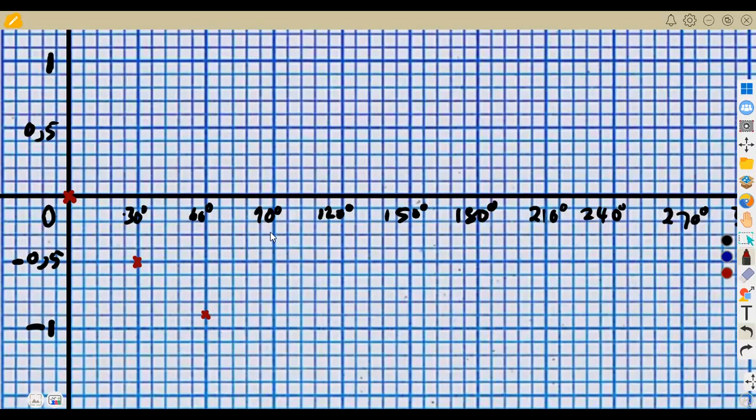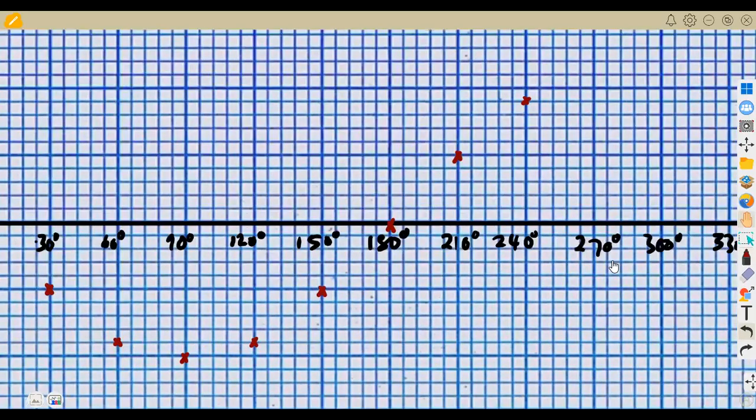So the next point was 90 versus minus 1, 120 versus minus 0.9, which is somewhere here, 150 versus minus 0.5, 180 versus 0, 210 versus 0.5, which is on top here, 240 versus 0.9, just before 1.